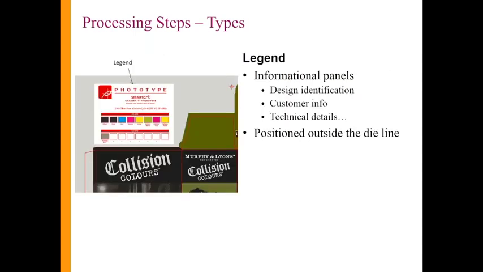A third type of processing step is the legend. Legends are informational panels with the design identification, customer info, technical details, and these are always positioned outside of the die line so that they don't overlap with the actual print content.